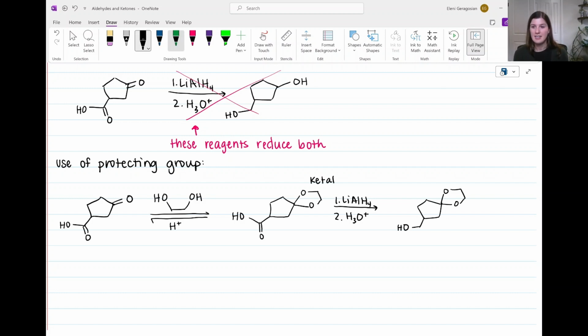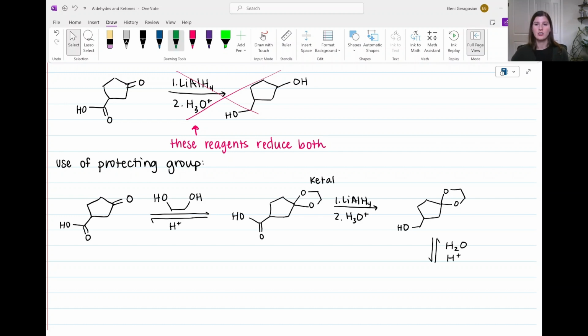Now, ketals and acetals are formed through reversible reactions. So with the correct conditions, in this case, if we add water and some acid, we promote the reverse of the formation of the ketal, which is a reversible reaction.